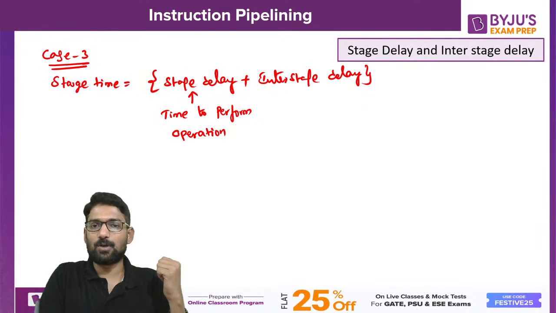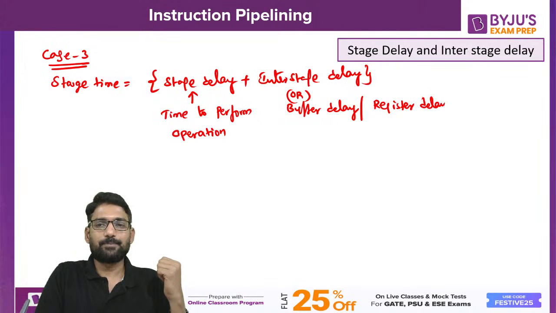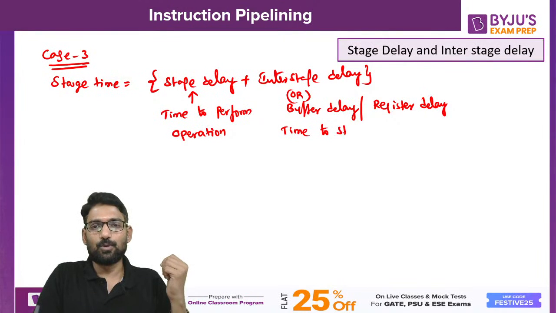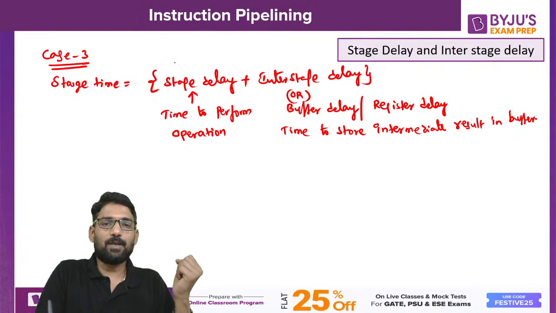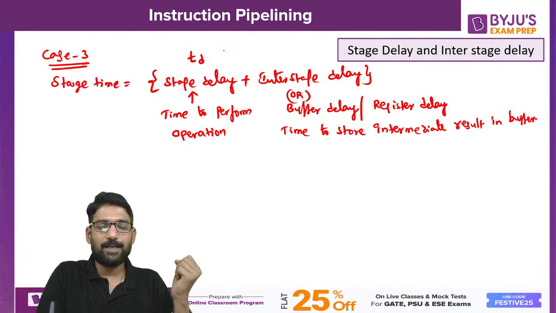This is also called buffer delay or register delay or register overhead. What is this? It is the time to store that intermediate result in the buffer. So I am calling the stage delay as small td, interstage delay as ti.